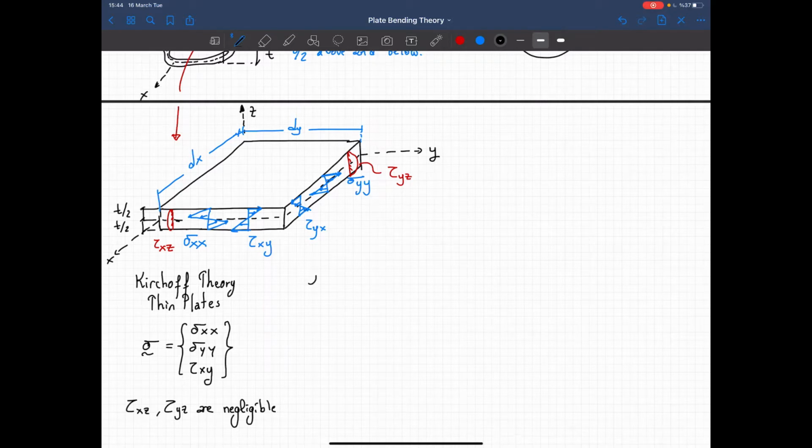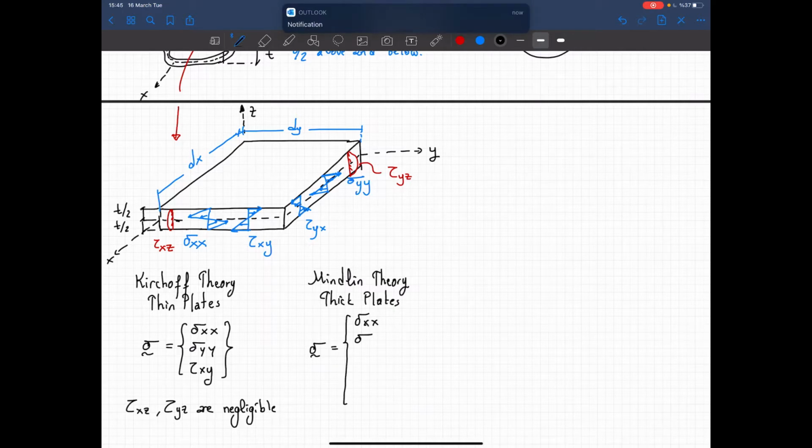Now the Mindlin theory. Remember that we are using it for the thick plates. Our stress vector has 5 components this time. 2 axial stress components and 3 shear stress components.